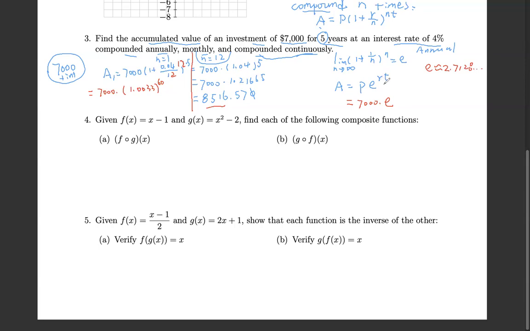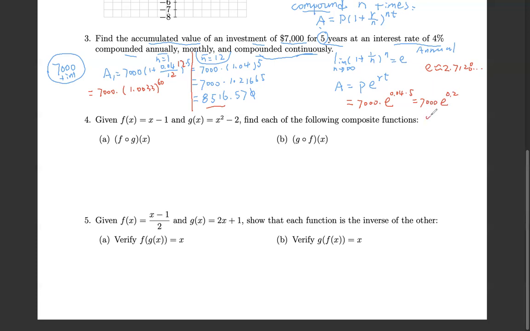So E raised to R times T is 0.04 times 5 years. So I have 7,000 times E raised to 0.04 times 5, which is 0.2. On your calculator, you do E raised to 0.2.